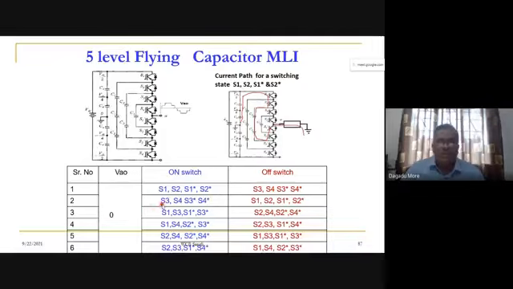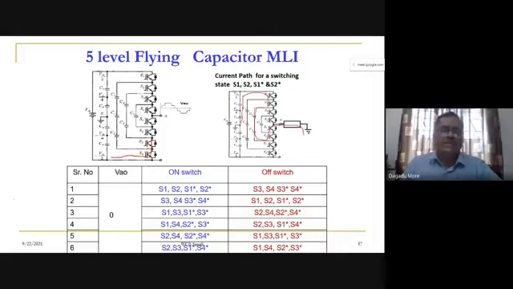Similarly, we can show another case, which is S3, S4, S3 star and S4 star. Let us trace this for the second case. S3, S4 are on, and S3 dash and S4 dash are on. We start from the lower side, through S4 and S3 star.